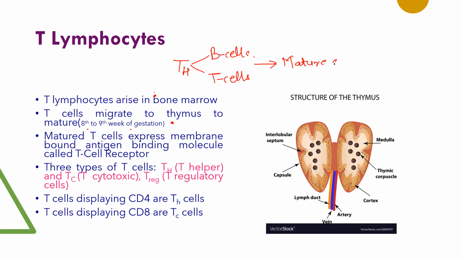Mature and activate. Basically, activation. All right. Cytotoxic T cells, which we call effector T cells. These are effector T cells. What is the immediate effect that they bring?